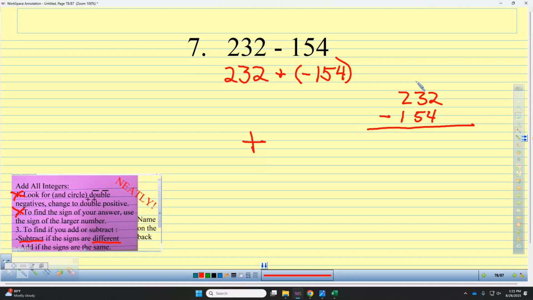Can't do 2 minus 4, so that means I need to borrow. 12 minus 4 is 8. Can't do 2 minus 5, so I'm going to borrow from the 2. 12 minus 5 is 7. 1 minus 1 is 0. So I end up with a positive 78.